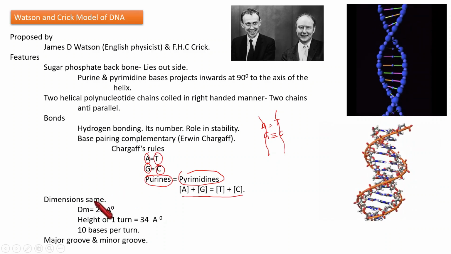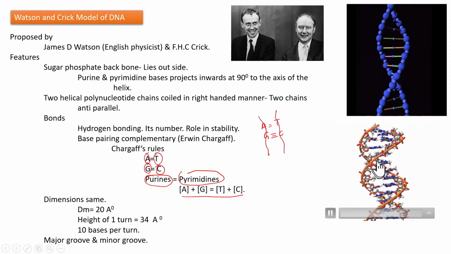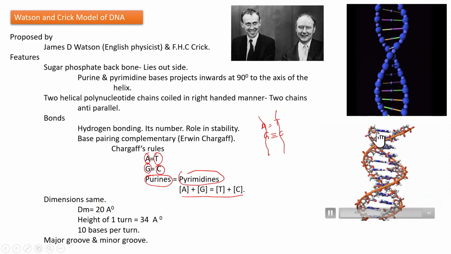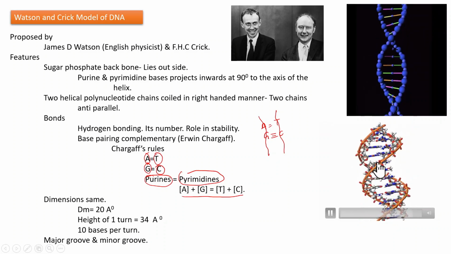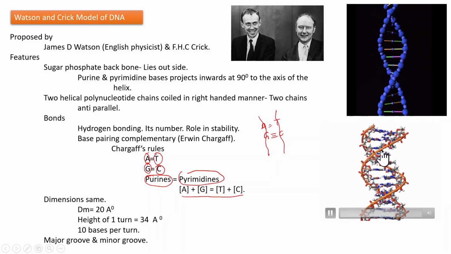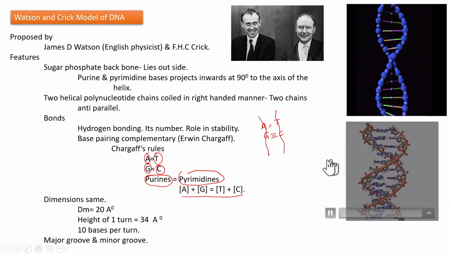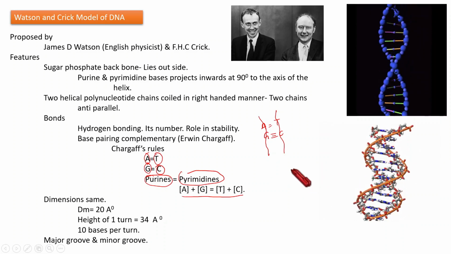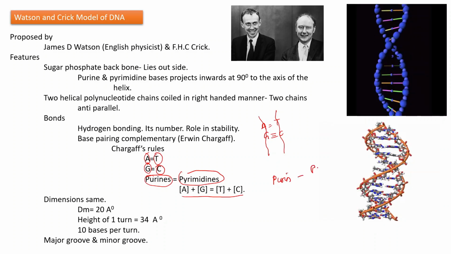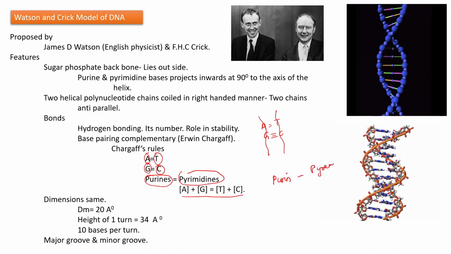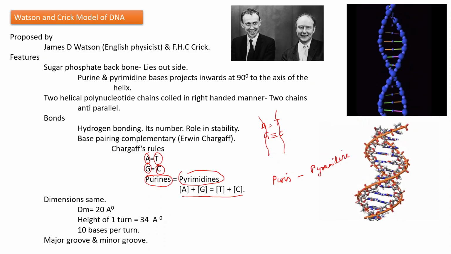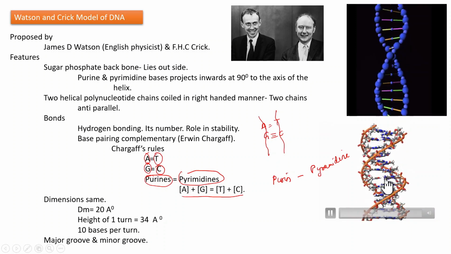Then regarding the dimensions, we have seen that there are base pairs between the two sugar phosphate backbones. As we look at one base pair, we can see that a purine base always pairs with a pyrimidine throughout the entire length of the DNA.